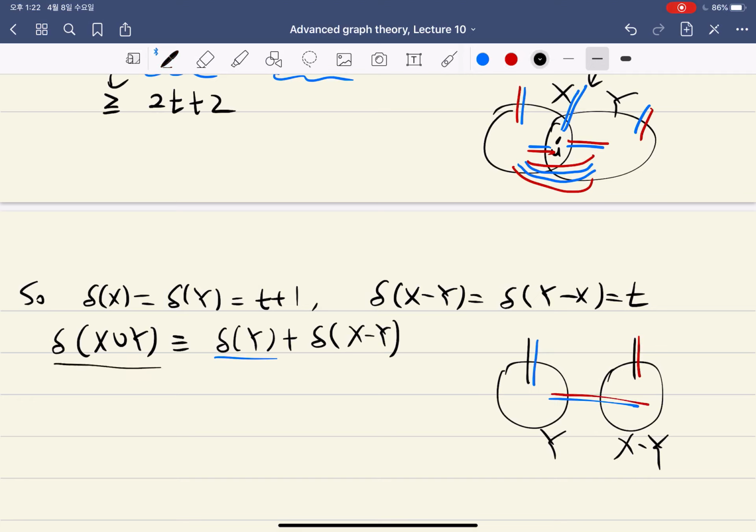So on the left hand side, it counts all the black ones. On the right hand side, it counts all the red and blue edges. These red and blue edges count the same edge set twice. So if we just consider parity, these two expressions have the same parity.